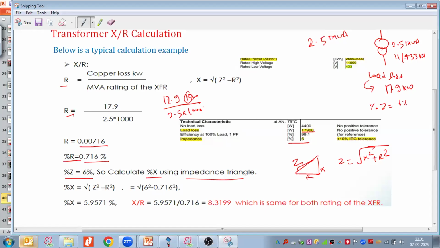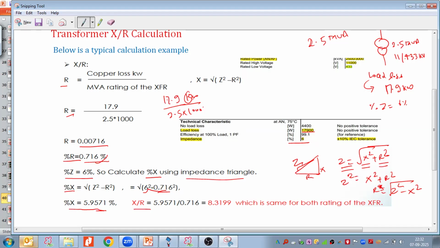So we know the Z, we know the R, so we can find out the X. Z square would be X square plus R square, so X would be the square root of Z square minus R square. So Z is 6 square minus R, 0.716 square, right? So we get the percentage of the X.